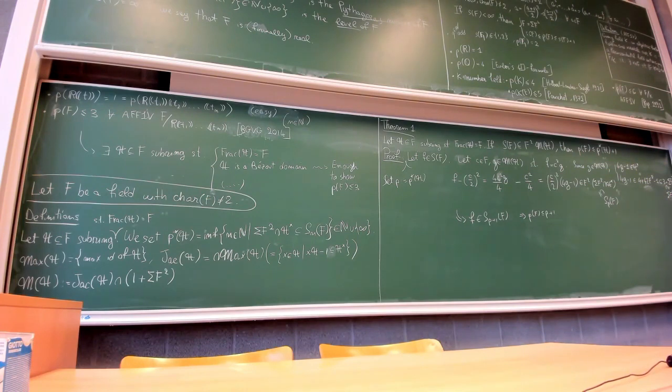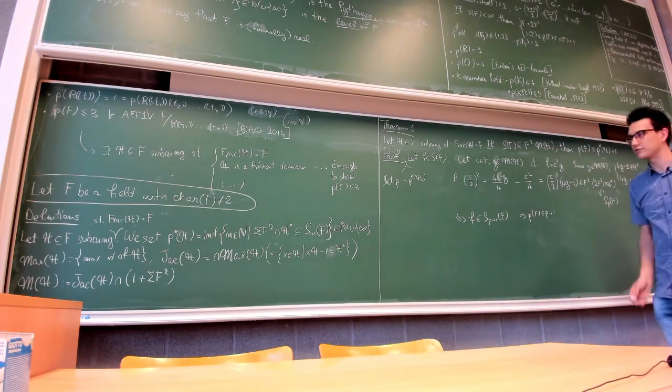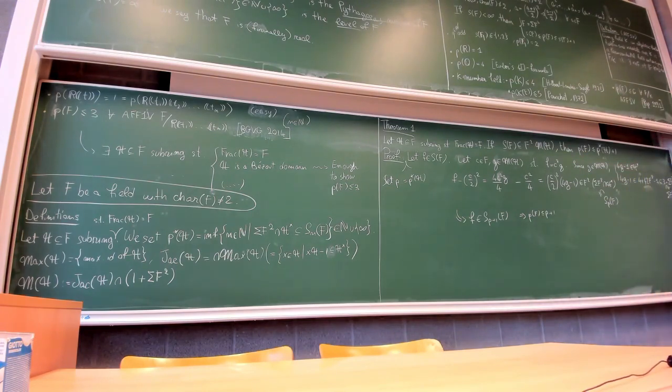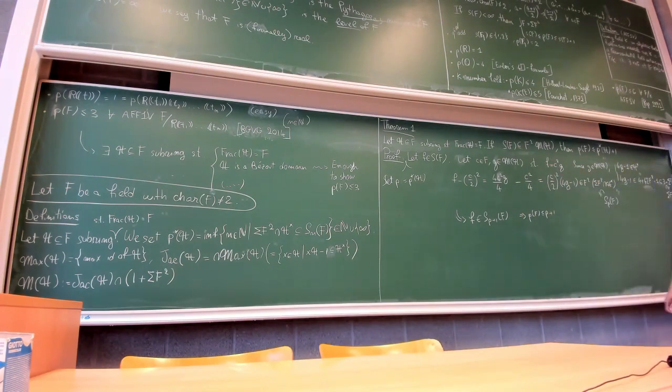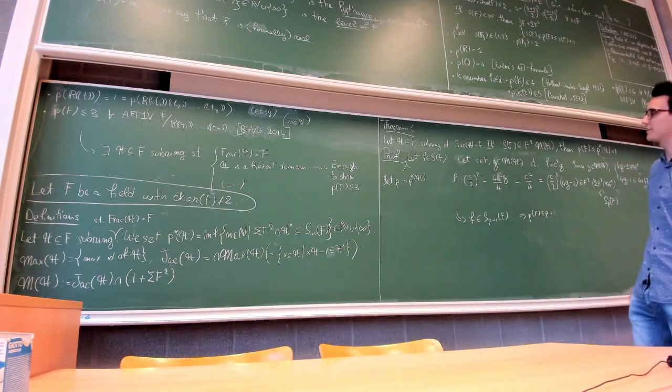So you see it's a strong hypothesis and quite a weird one, so it's not easy to check. So I will try to find an example, let's say, of a subring of F where this holds, and I will try in particular to show step by step how to make this hypothesis nicer, let's say.